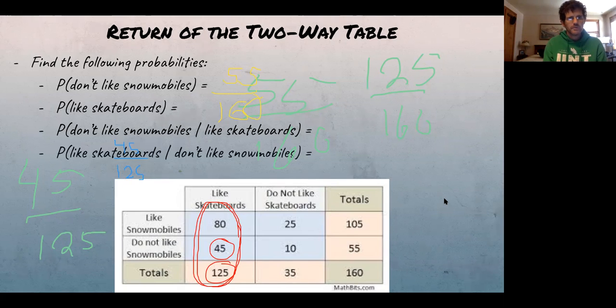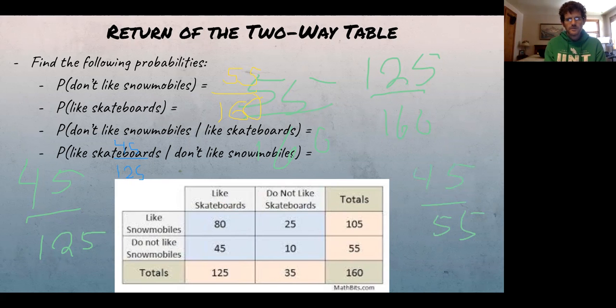And last one, probability of liking skateboards on the condition that you don't like snowmobiles. Okay, I can agree with that.